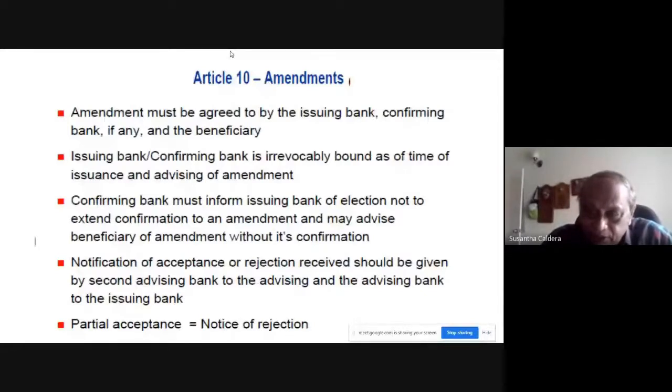So any feedback also uses the same path: second advising bank to the advising bank, and the advising bank to the issuing bank.